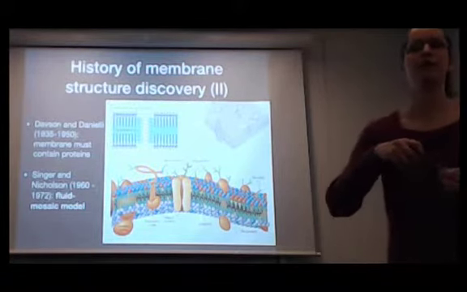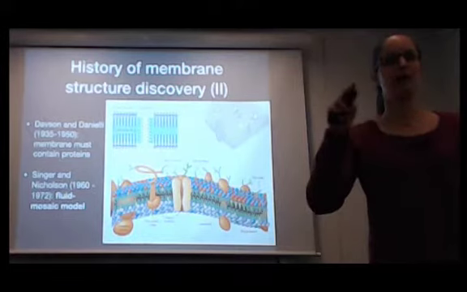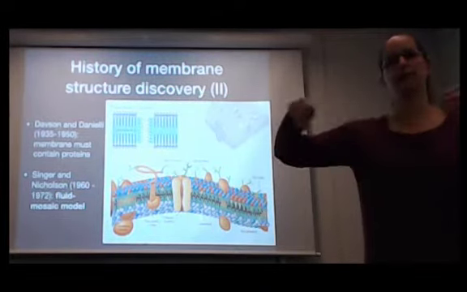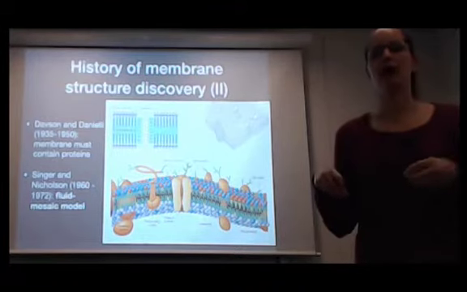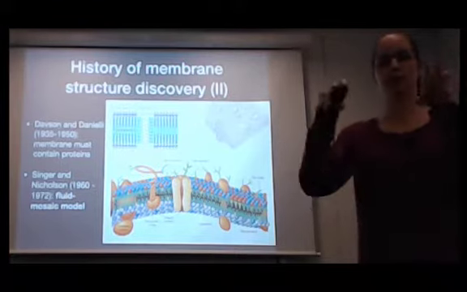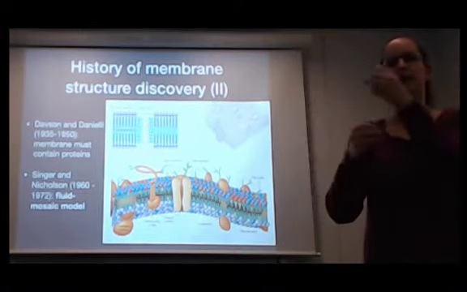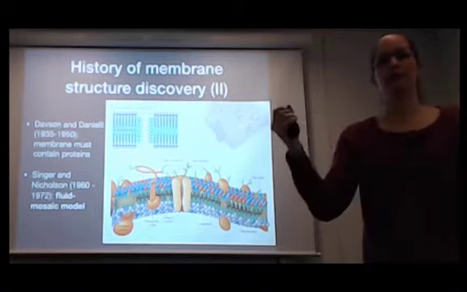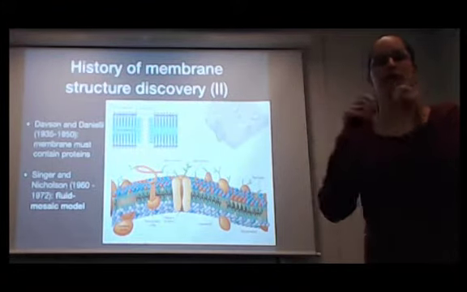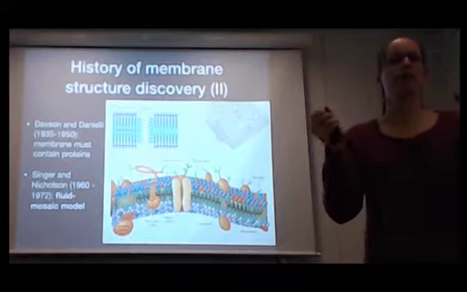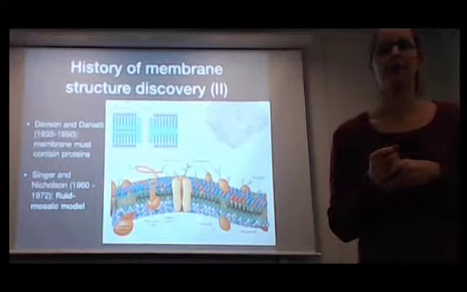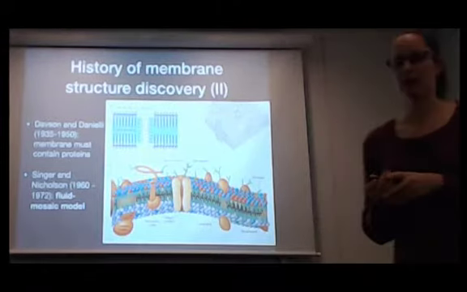Fluid means that it's not a static assembly where you just have lipids and proteins in between. The lipids can diffuse within the membrane, and the proteins can also diffuse within the membrane. I don't have a movie, but you should imagine that this is a dynamic thing, where lipids can come and alter the function of proteins, and proteins can come together and apart and create new functions, basically.